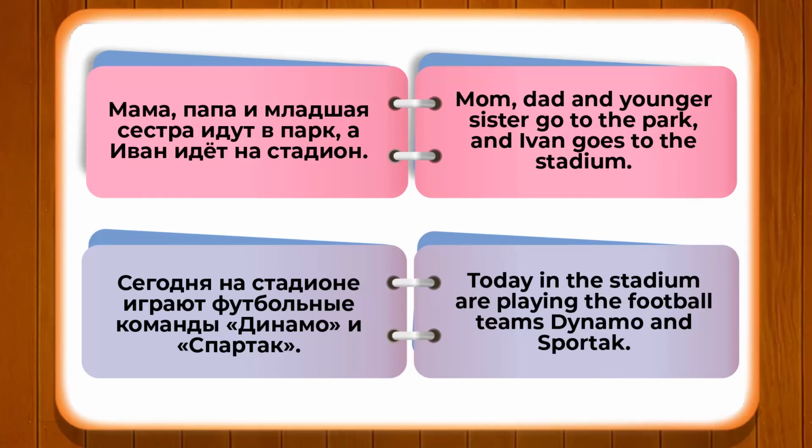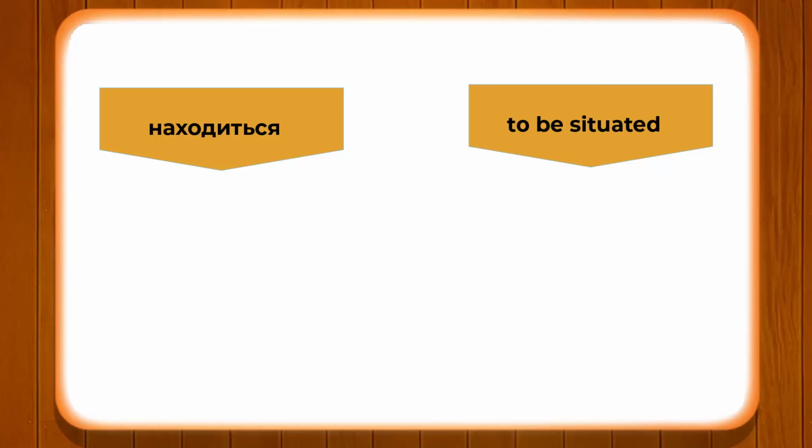Now we will pay attention to some of the words, verbs and word combinations and expressions. Like находиться, this we already know means to be situated.